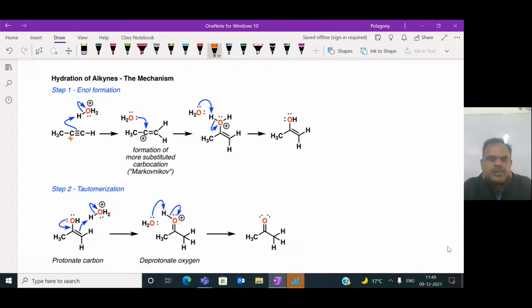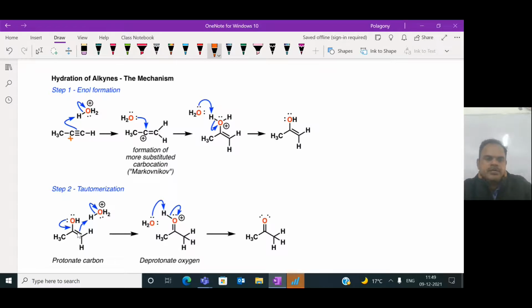When this enol form is produced, it undergoes tautomerism. Look at this, how this tautomerism takes place. When this enol form interacts with the water molecule, that is acidified water, the hydronium ion, the pi electrons are given to this hydrogen.